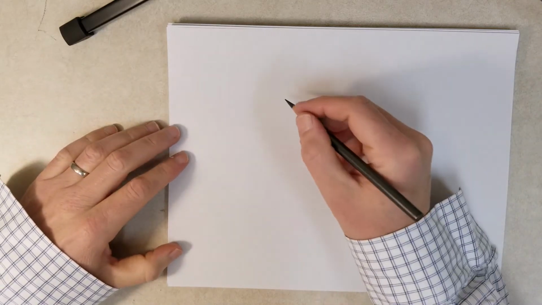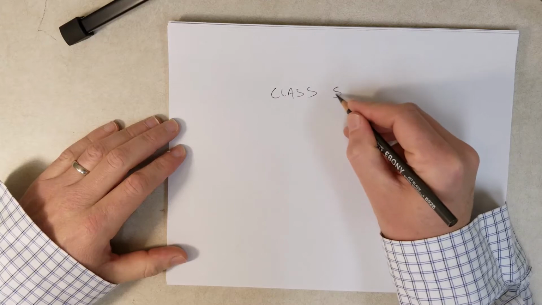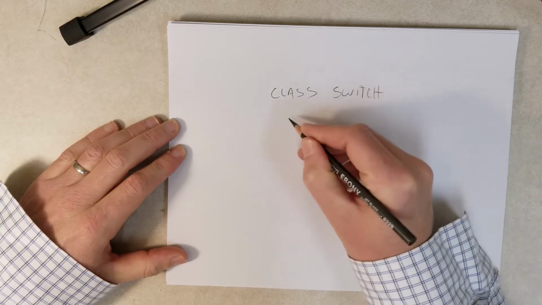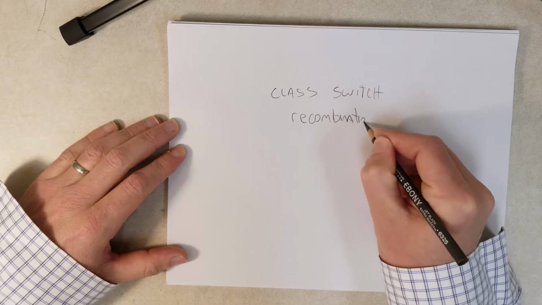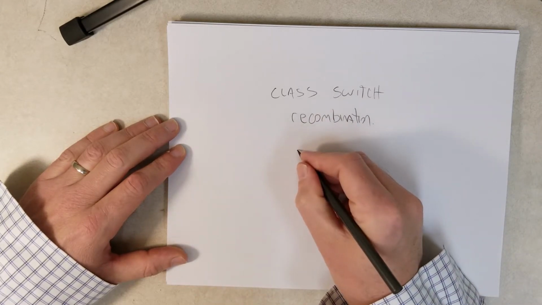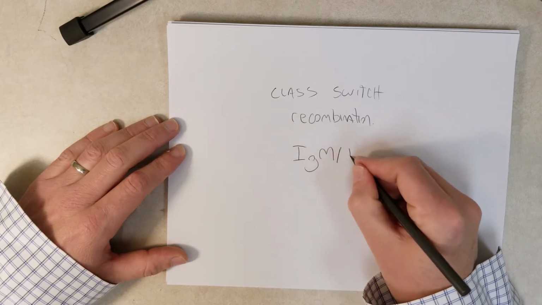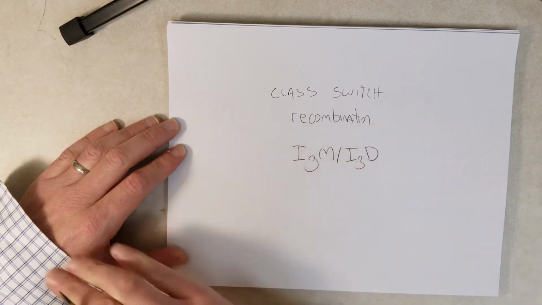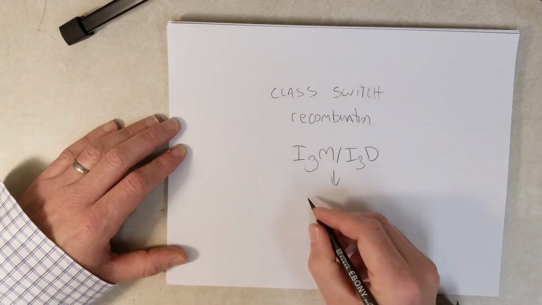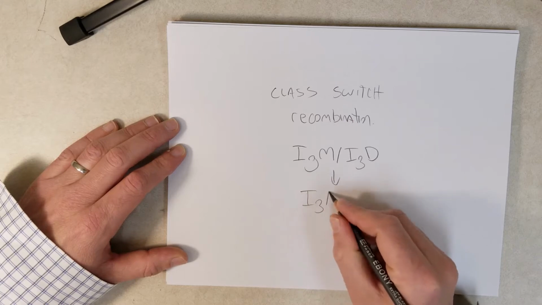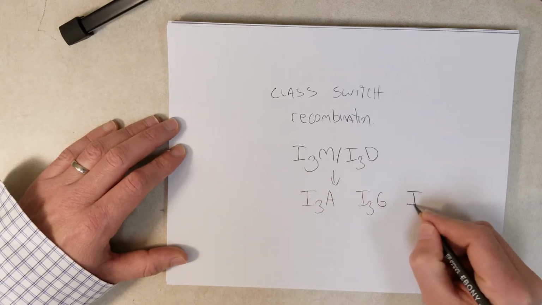Hey everybody, in this video I am going to go over the mechanism of class switch recombination, and this is the mechanism that can take a B cell that makes, say, the IgM and the IgD isotypes of antibody and convert it to a B cell that makes, say, IgA antibody or an IgG or IgE.